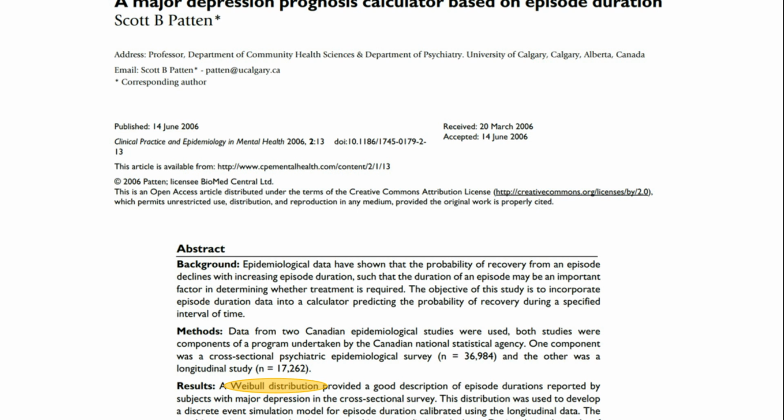When you see people using a distribution other than Gaussian because they tested it, you're looking at a very good set of researchers. Those are people you can trust. You don't need to understand what a Weibull distribution is to look at this article and say, this calculator is probably a good one to use. I can use that in my clinic.